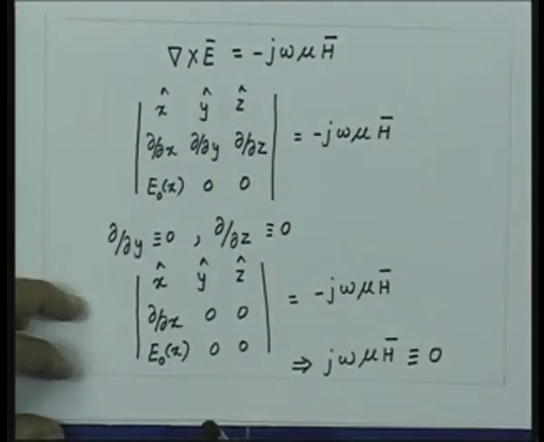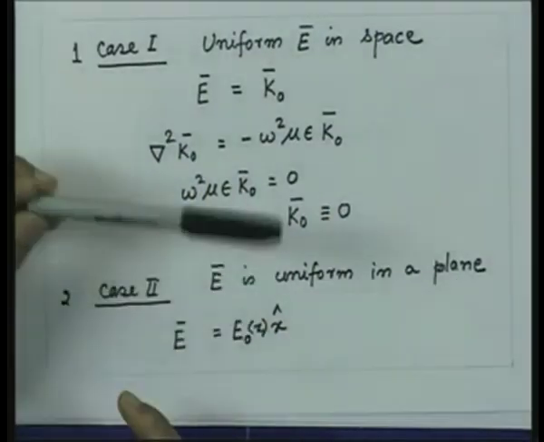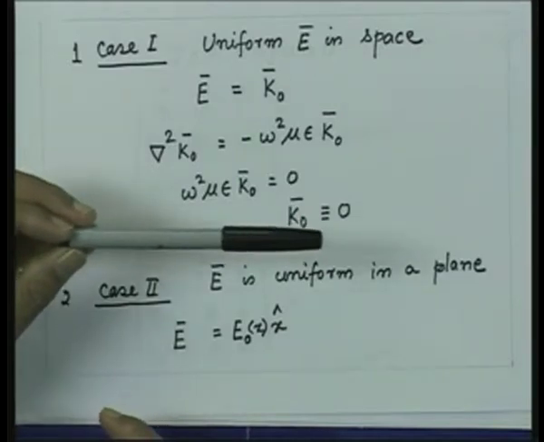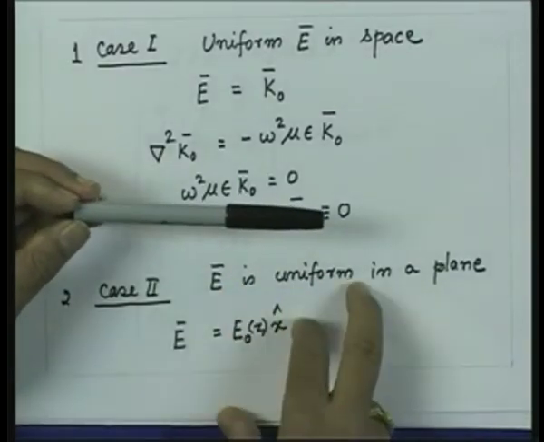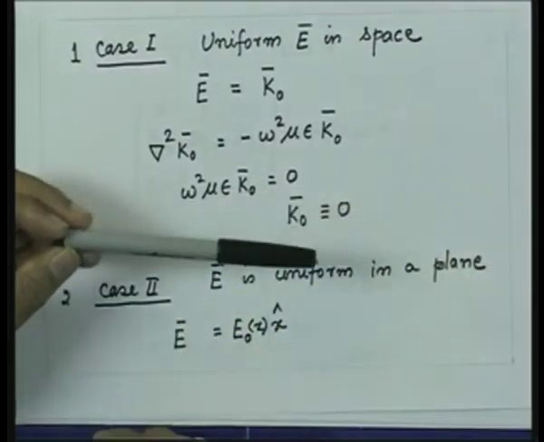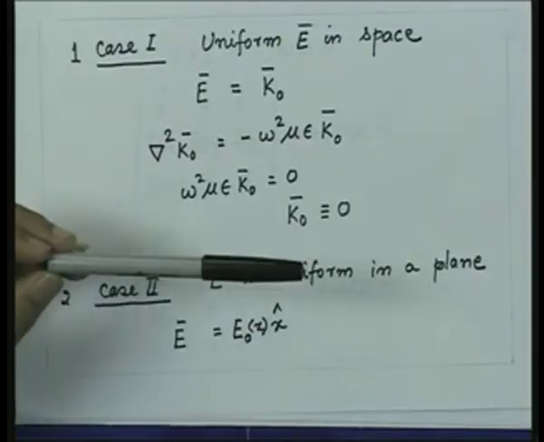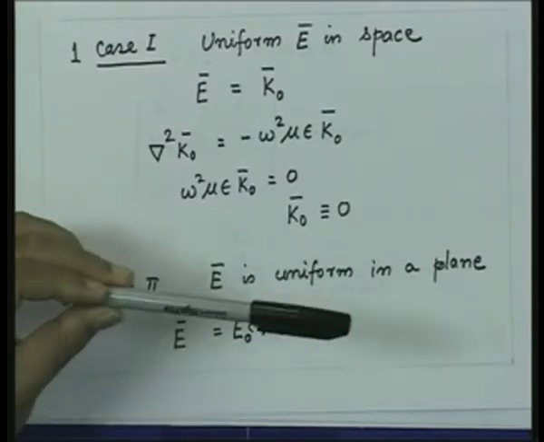So, what we conclude in the second case is that if the electric field is uniform in a plane perpendicular to its orientation, then this field has to be identically 0, because the magnetic field will be identically 0. So, now we have a second conclusion: an electric field which is uniform in a plane perpendicular to its direction cannot exist in this unbound medium.